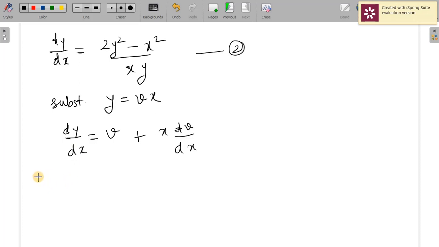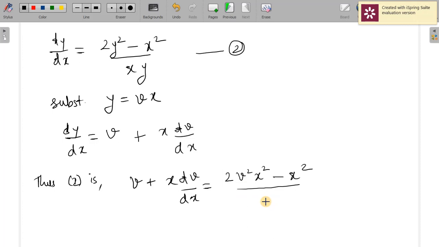Thus 2 is v plus x dv by dx is equal to 2 into y², and since y is vx, that gives v²x² minus x², whole thing by xy, and y is vx, so x² into v.